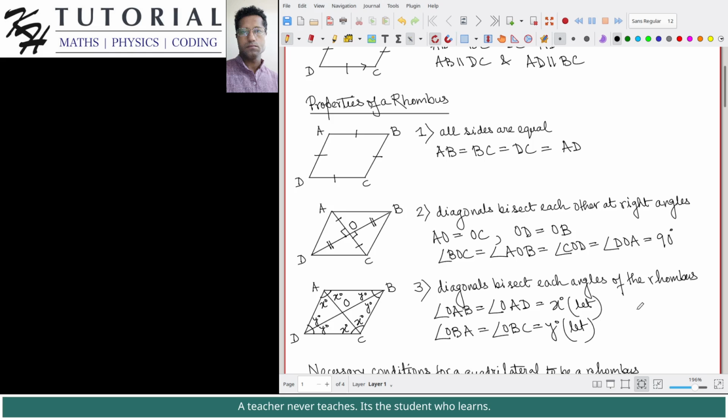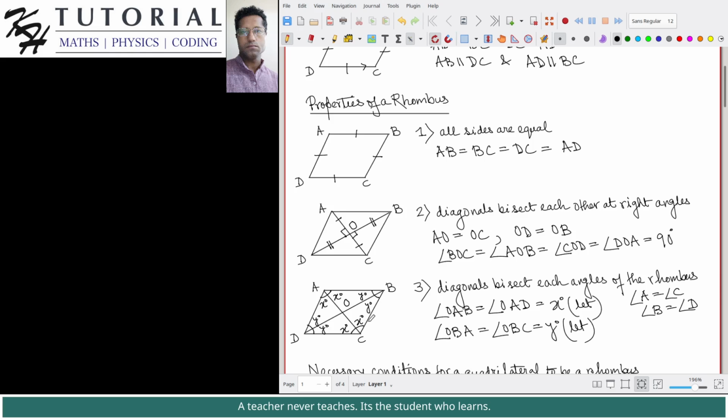Also, since angles A and C are opposite angles, we know that a rhombus is essentially a parallelogram. Angle A will be equal to angle C, and angle B will be equal to angle D. So the bisecting angles at both the vertices B and D will be the same, that is y degree.